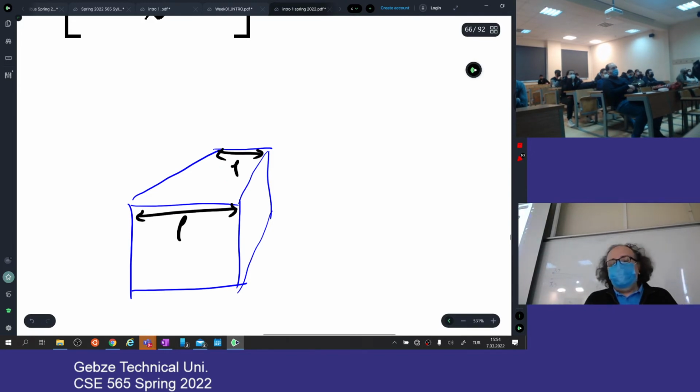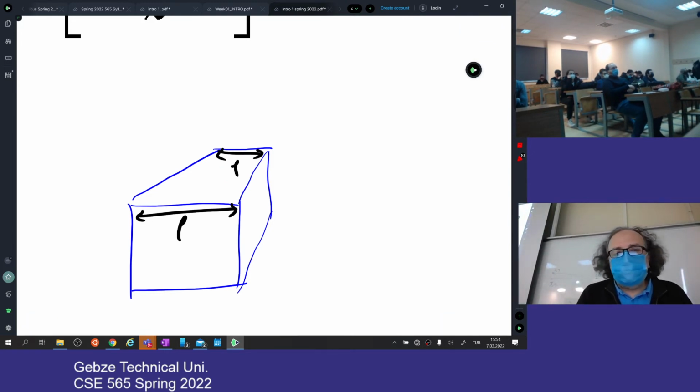They are the same, but on the images, the faraway objects or the far side of the object look shorter. This is the effect of perspective projection.